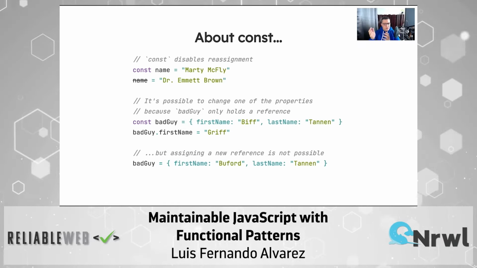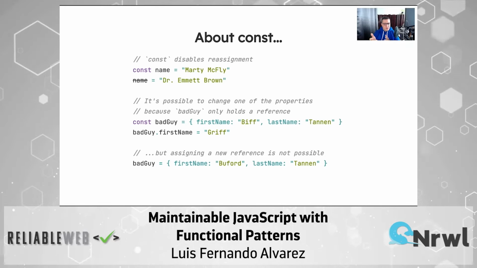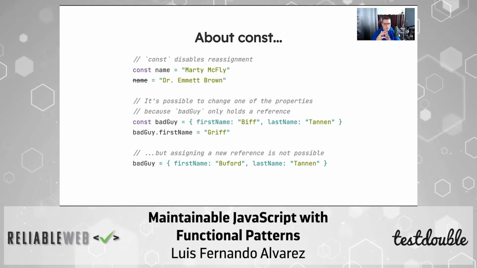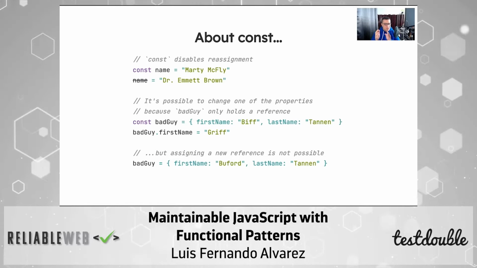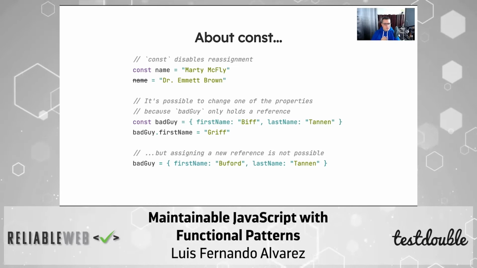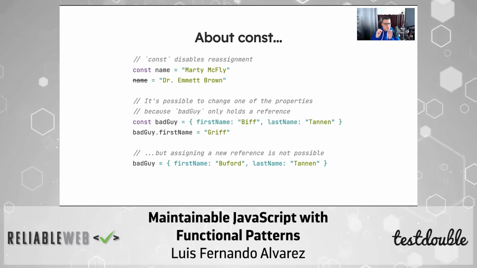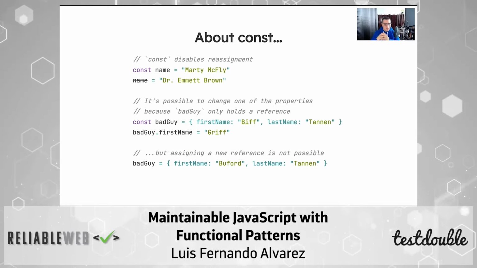And it's possible to change things with objects. It works a little bit differently, because it is possible to change the properties of the object. Let's see this line that says bad guy Biff Tannen, right? First name Biff, last name Tannen. If I try to change the first name, it would let me change that, because in JavaScript, objects are not stored in the variable, just references to that object.